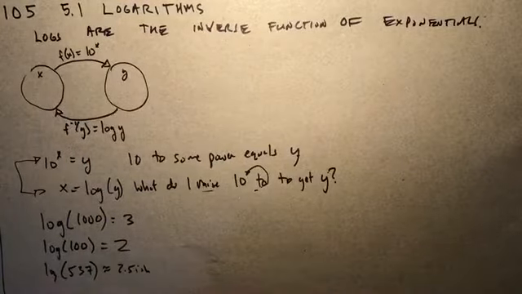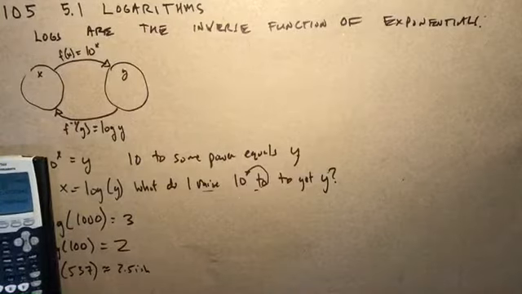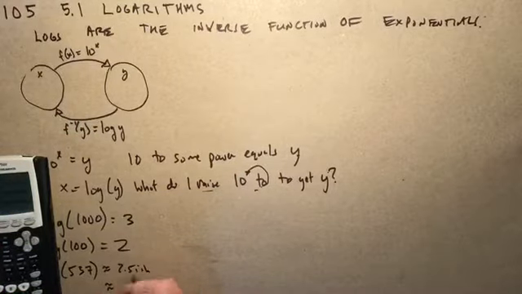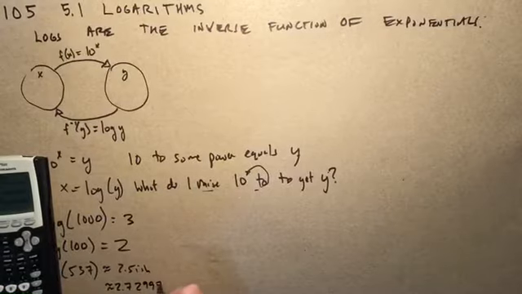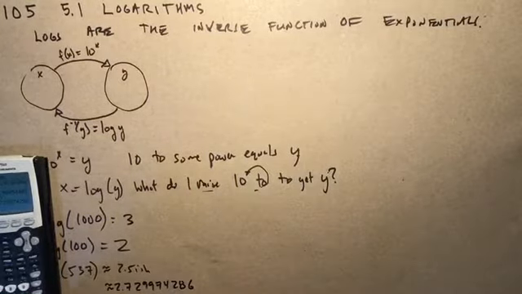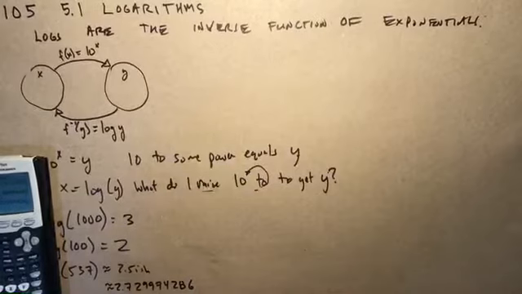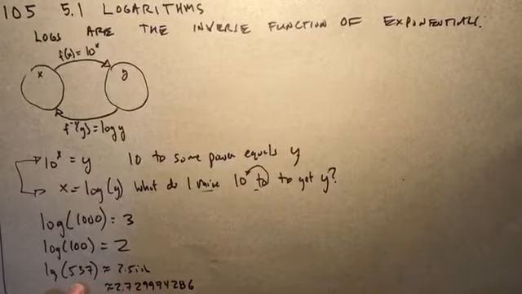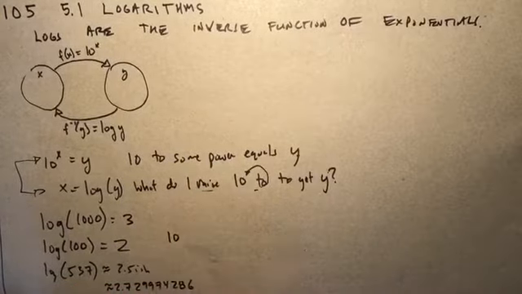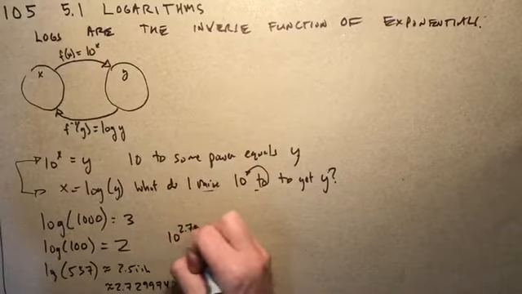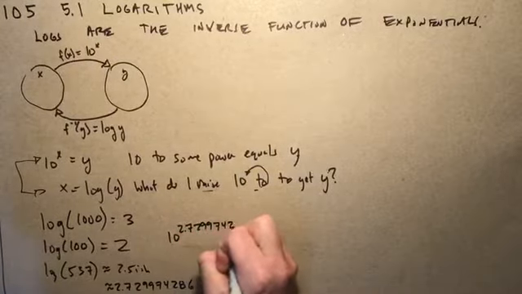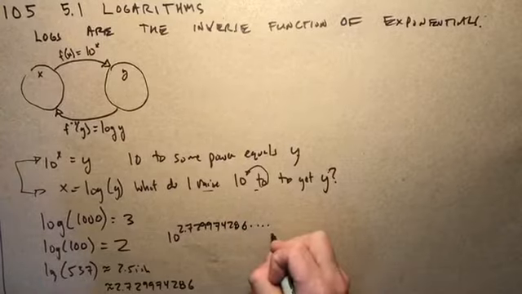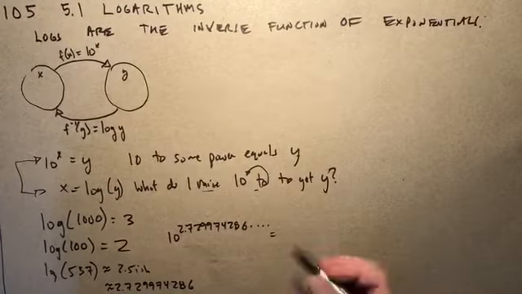But I can certainly put this into my calculator and get an approximation, and a better approximation than 2.5 is 2.729974286. And what that means, in our alternate statement here, is that 10 raised to the 2.729974286 and so on, guess what? That's going to equal 537.